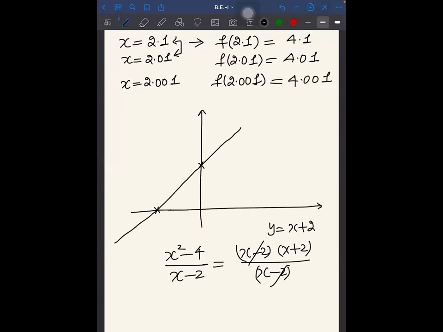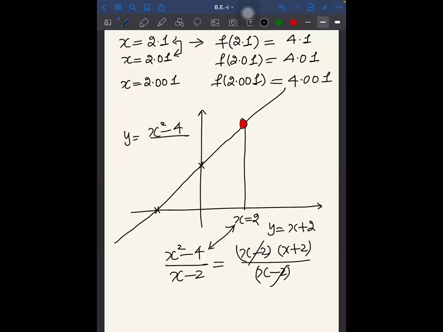So this is the plot, with this point as an exception. Why? Because at this x it is not defined, right? So this is the plot of this function.